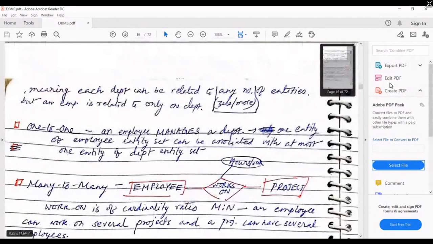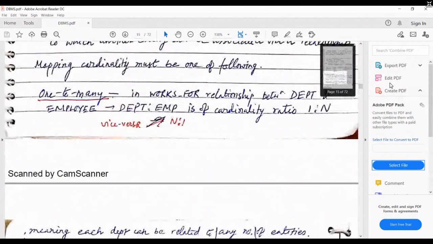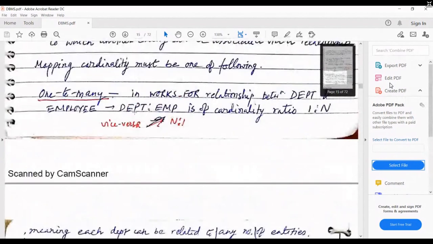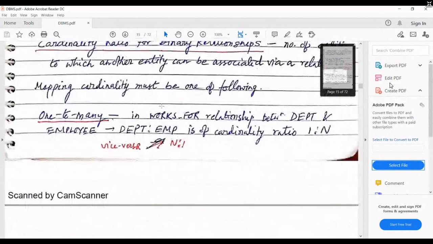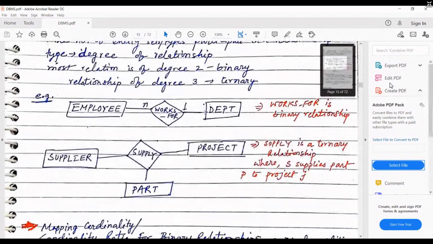Now the next category is the opposite one. It is one to many, the opposite one is many to one. Many to one means the vice versa relationship, the opposite one, that means the employee is to department is n is to 1, that is many to 1.